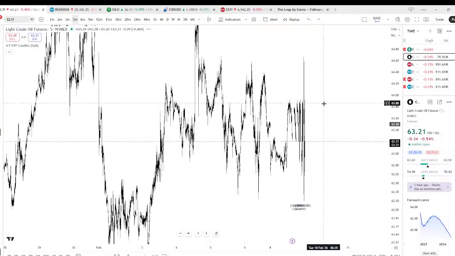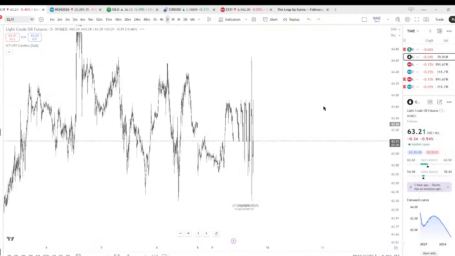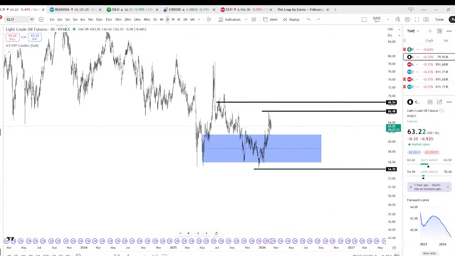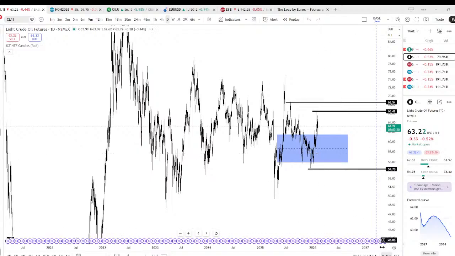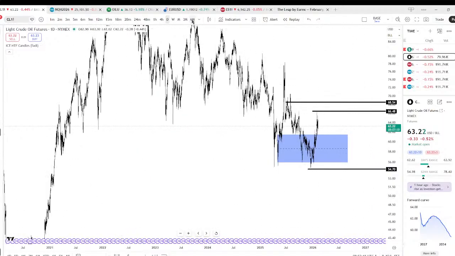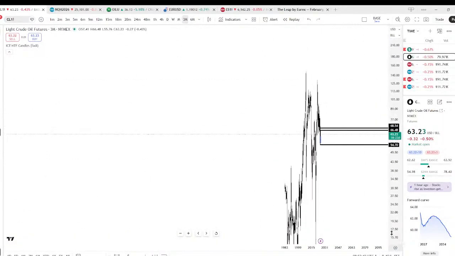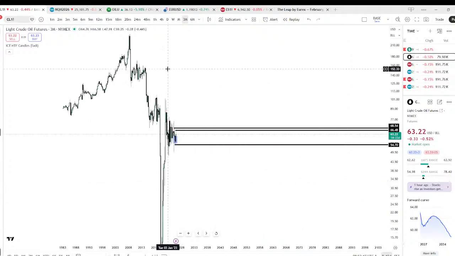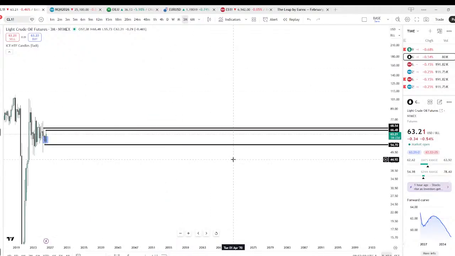Crude oil, the macro play, it's just if anything picks up, we'll see extremely high prices, talking up to this area, in the 130s to 150s.